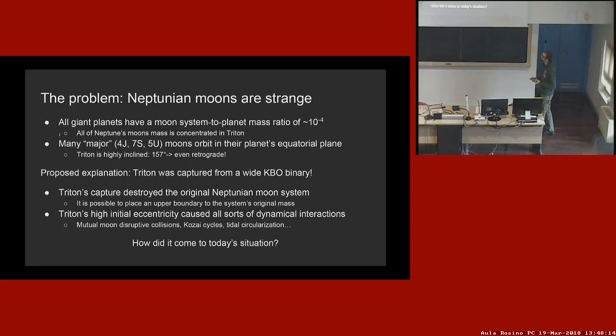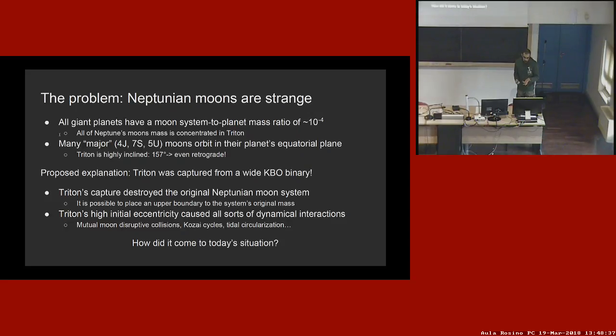Another important thing is that Triton is highly inclined, 157 degrees. It's more than 90 degrees, so it's actually retrograde, which is against what we observe in all the rest of the solar system, in which the satellites lie on the equatorial plane, or more correctly, on the Laplace plane of the system. So why is that?